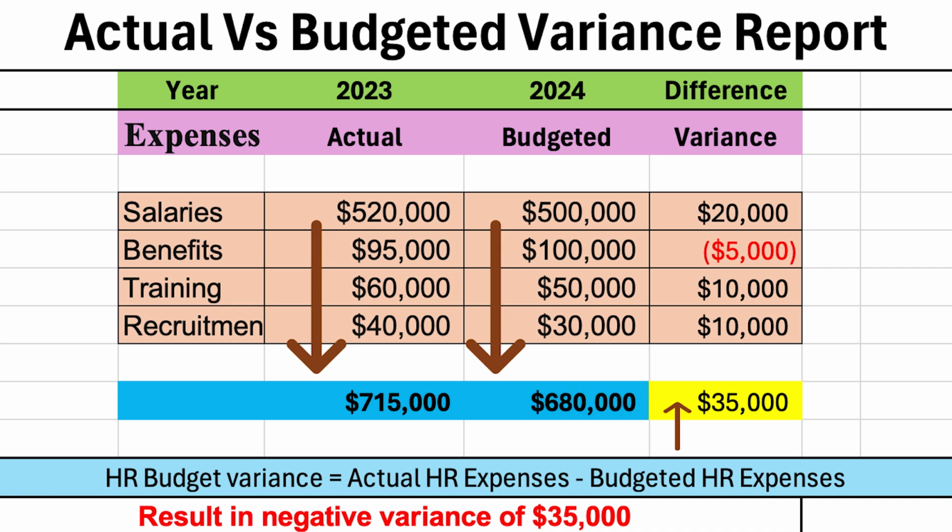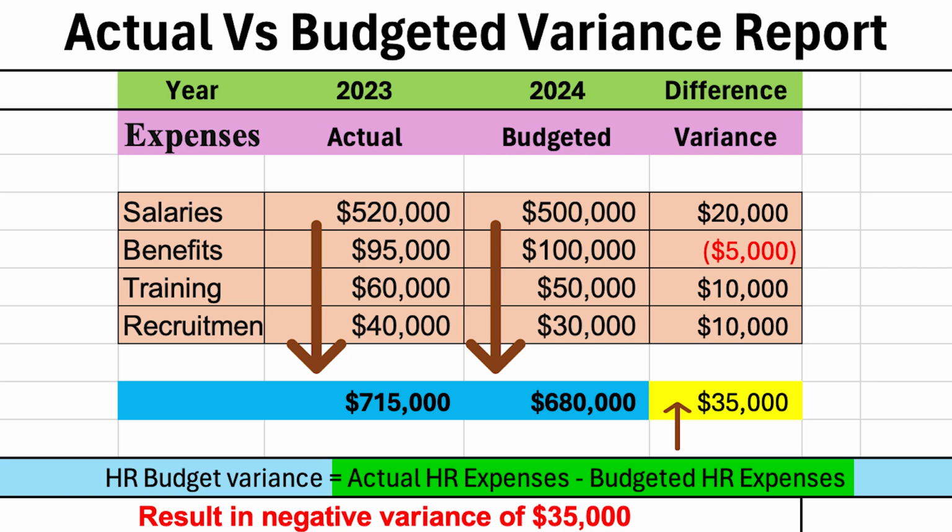And at the end of the year, the actual HR expenses are salaries, benefits, trainings, and recruitment. By adding all, we get total actual expenses are $715,000 US. If we put this value in the formula, we can easily see the answer is $35,000 US.